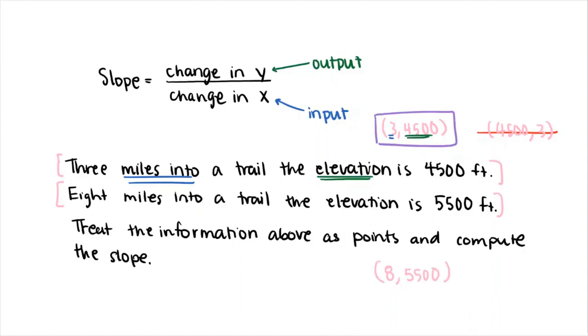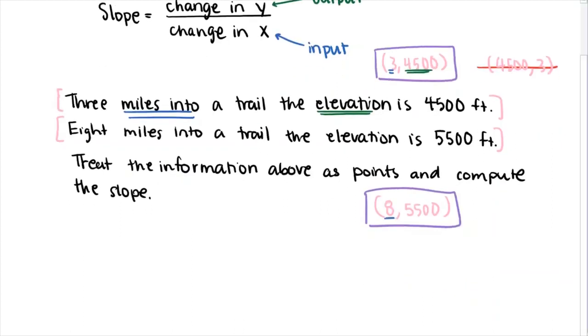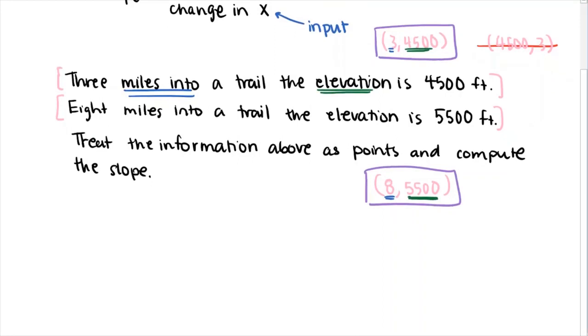Right, so again, this is telling me that at 8 miles into the trail, my elevation is 5,500 feet. And so if I compute the slope between these 2 points, well, what does that look like?